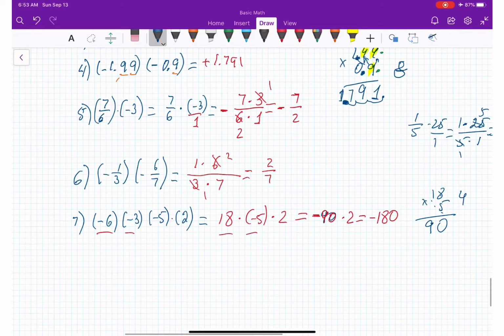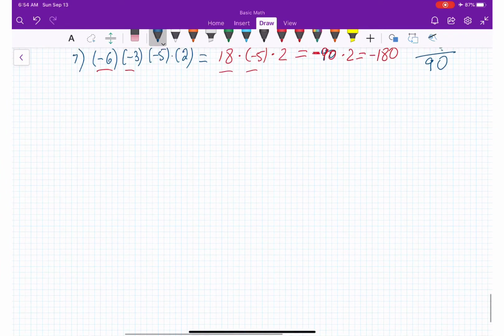Next question, question number 8. Negative 6 over 7 times negative 7 over 8 times negative 6 over 7. Okay, what do we have for the sign? First of all, I can show you a shortcut.